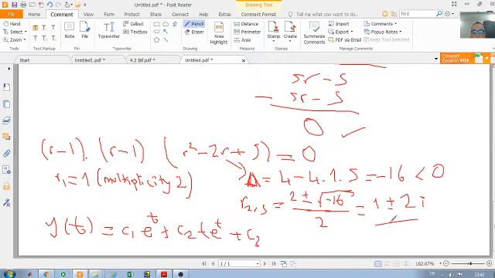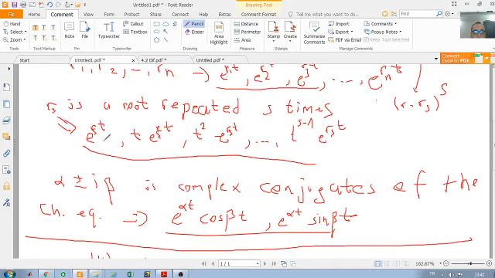So now we use the formula for the complex roots. You know, we have alpha and beta here: e to the power alpha t times cosine beta t, and e to the power alpha t times sine beta t. Alpha is 1, beta is 2 here.